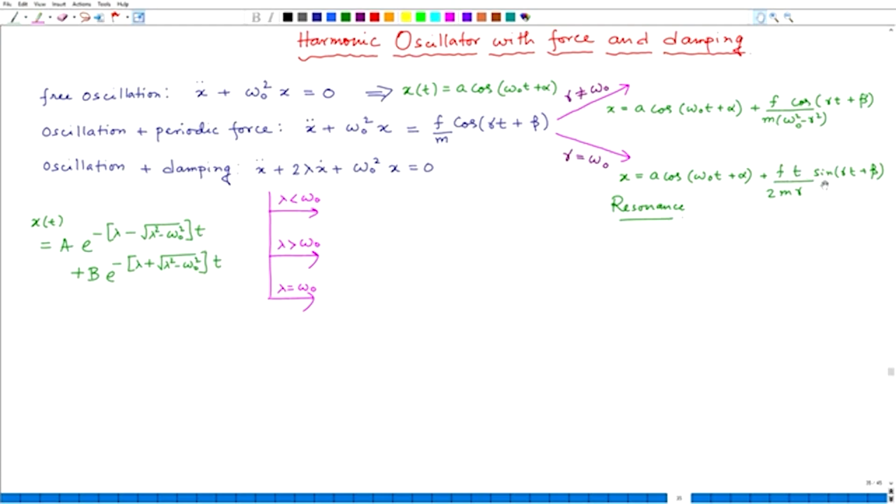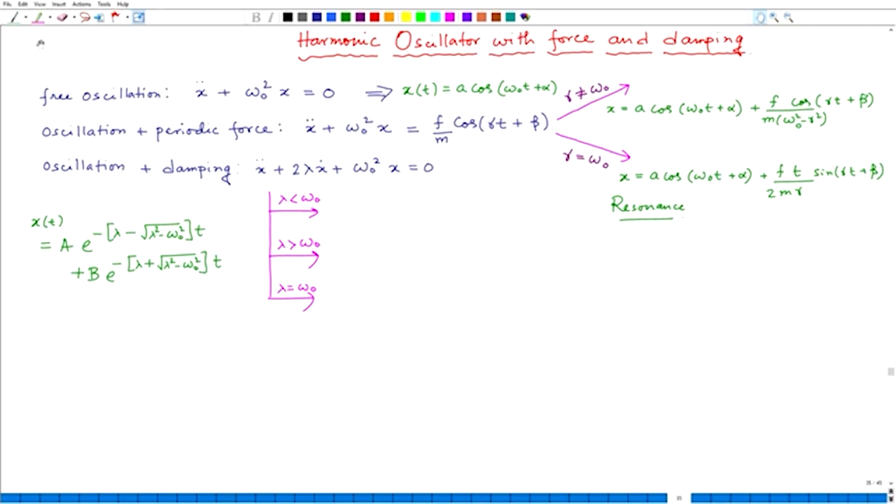Okay. And you see that there is also a pi by 2 or 90-degree phase shift of this particular integral with respect to the periodic force which is acting on the oscillator. Okay. So, that we already have discussed.